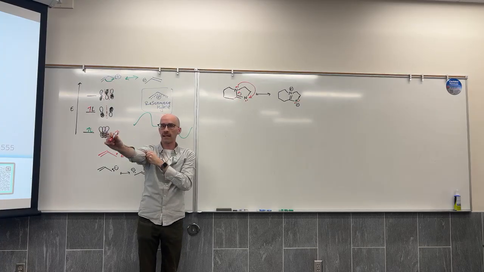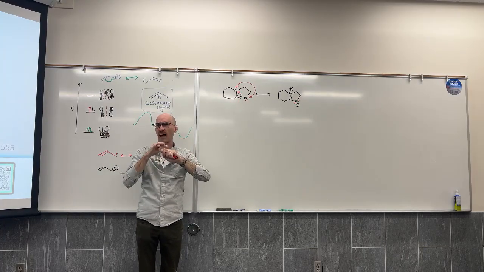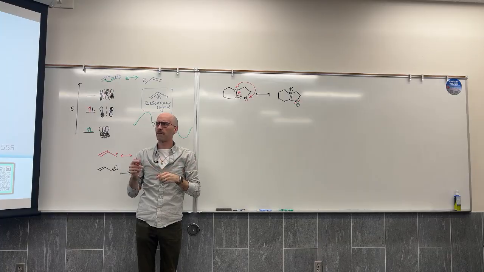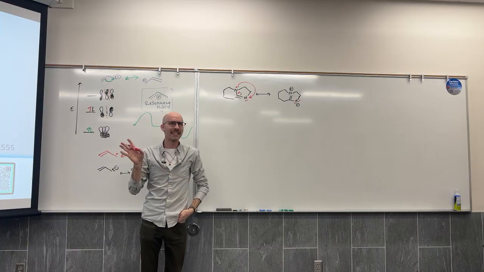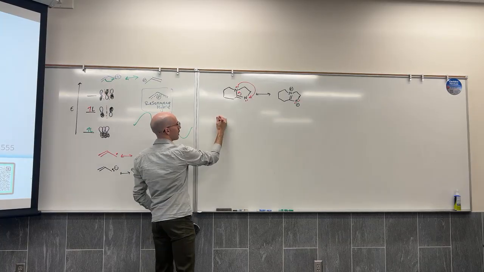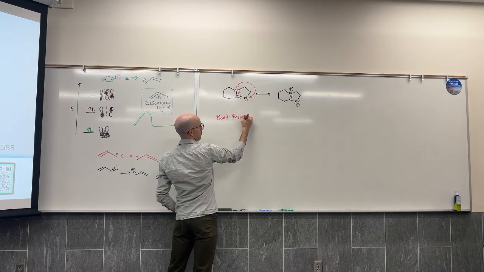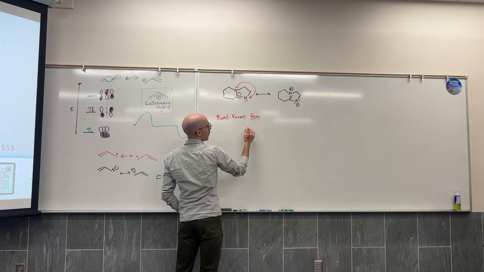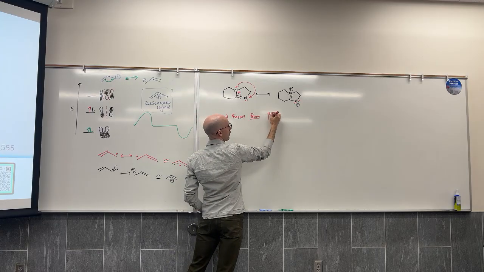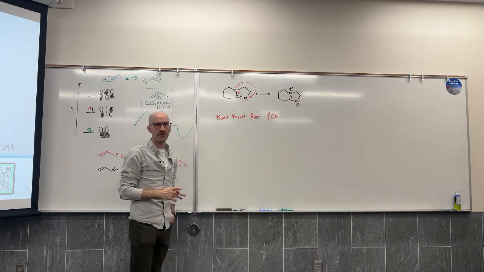Here's how I have found that you can summarize electron arrow pushing 95% of the time. When a bond forms, it forms with electrons from the more electronegative atom.